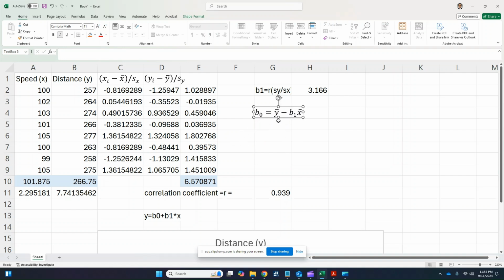It's easy to see where this expression came from. So you have y equals b0 plus b1 times x. We just changed the side.